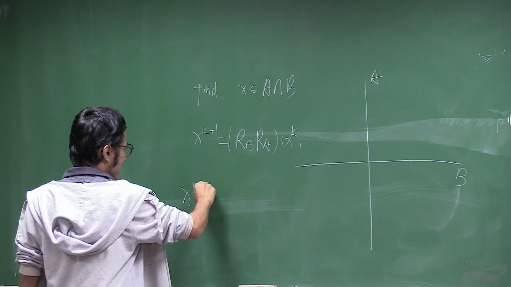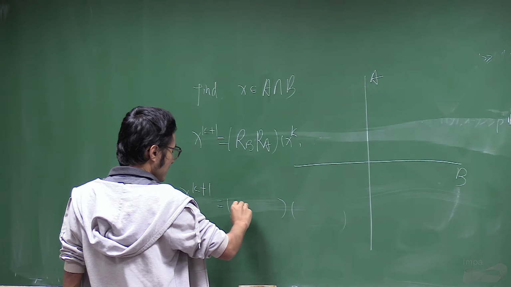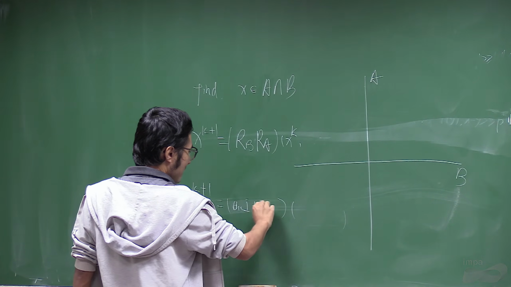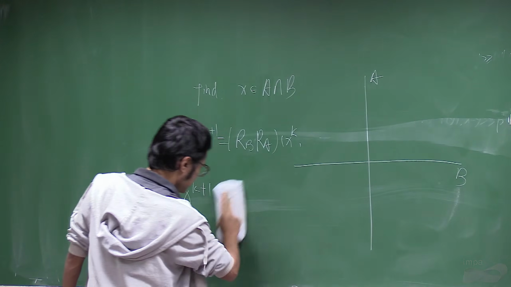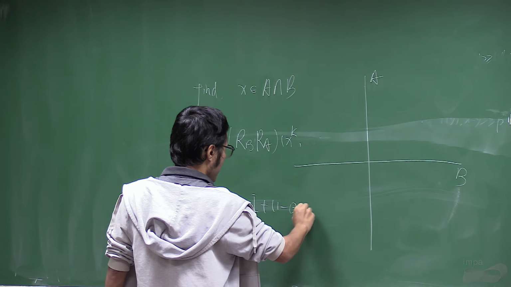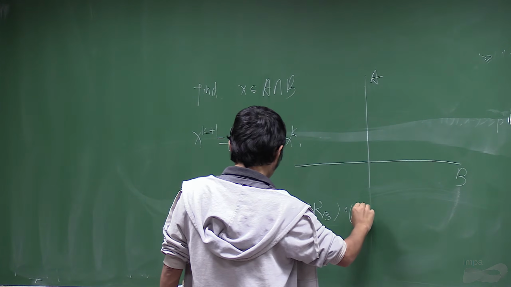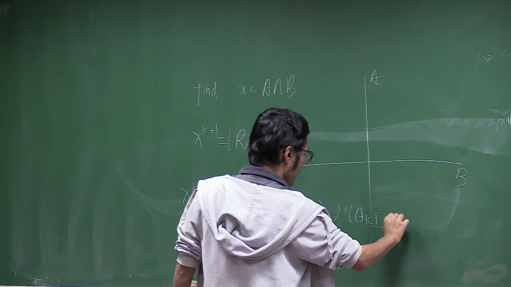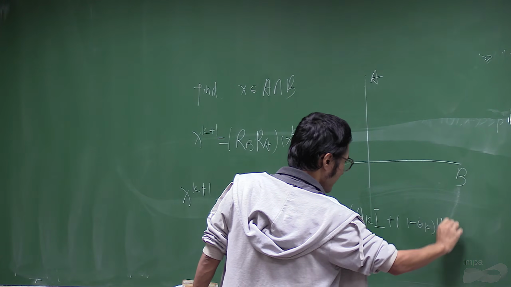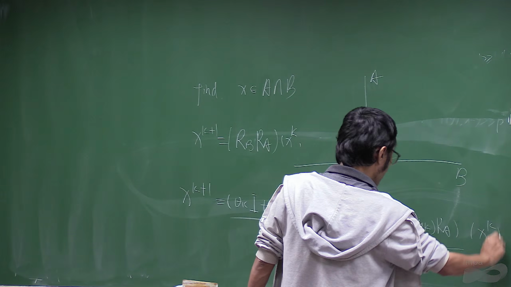We can use x k plus 1 equals the composition of two operators, with theta k: theta k times identity plus 1 minus theta k times the reflection of B, composed with theta k times identity plus 1 minus theta k times the reflection of A. This is the operator, and the input is x k.